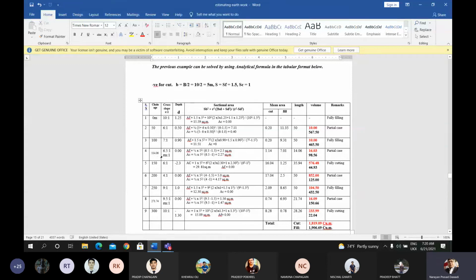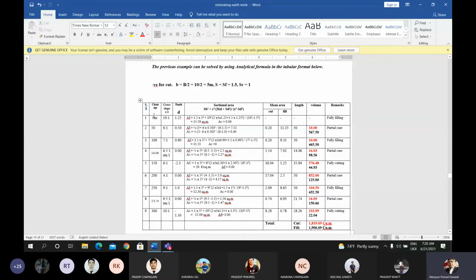In the previous example we have already calculated that. After calculating, we know the cross slopes at all chainages, and I keep this cross slope along the cross slope line. Now depth of cut or fill is provided here.